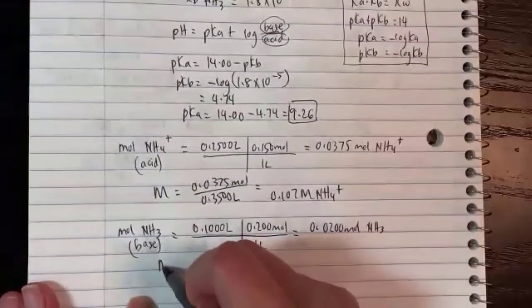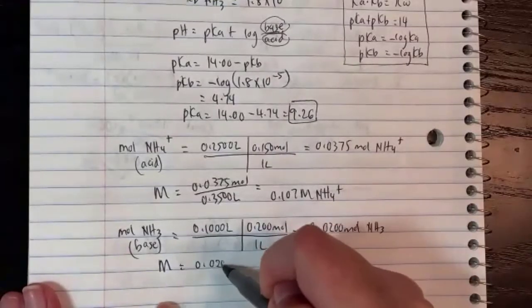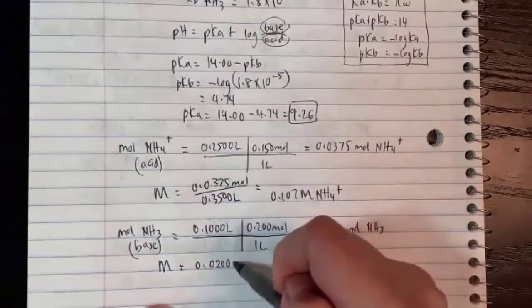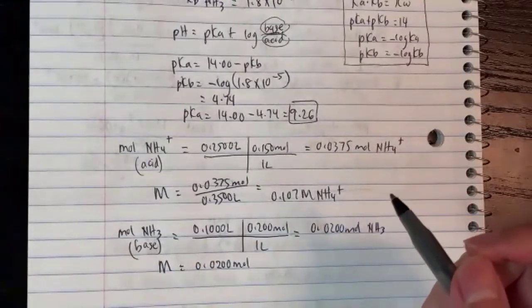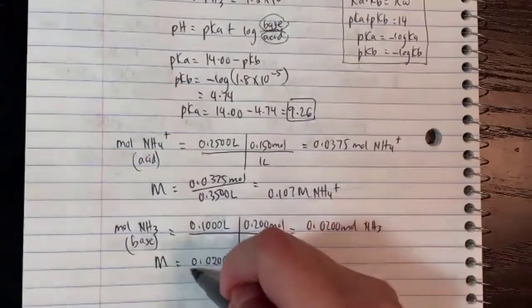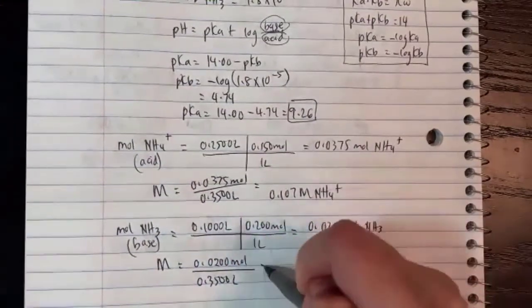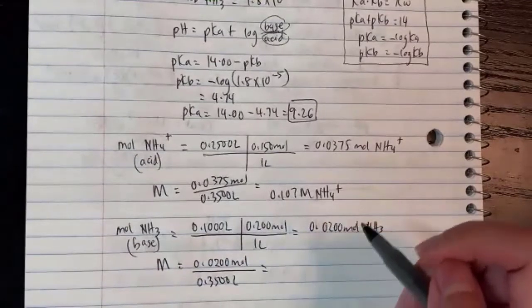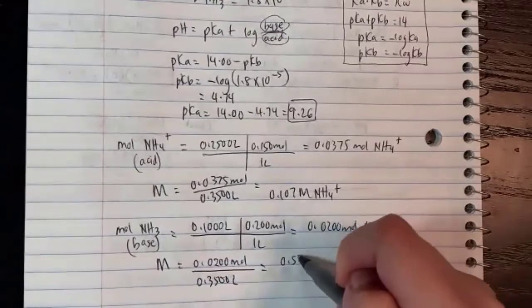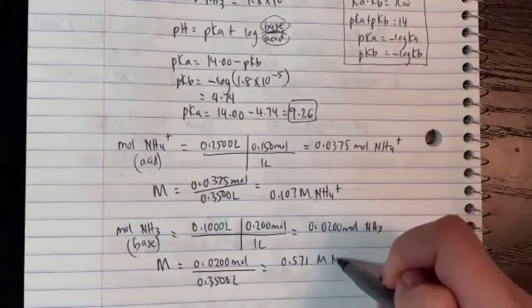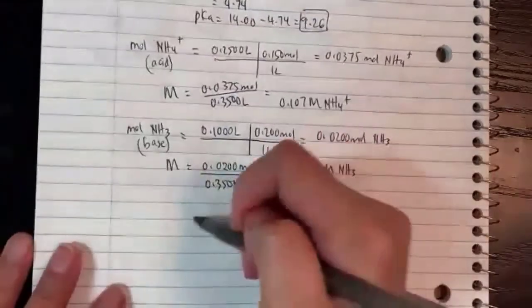And if I want to get the molarity of that guy, take that moles divided by 0.35. You get 0.571 M NH3. Okay, now let's plug it all back in.